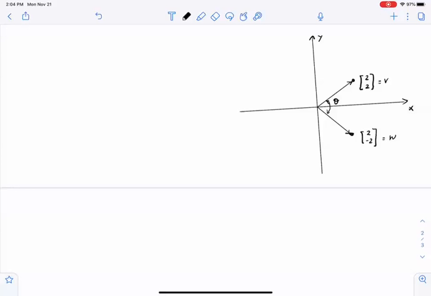Poorly drawn graph, but you see two vectors. One is (2, 2). The other is (2, -2). The angle between the two is theta. We can guess that angle even before we start the problem.